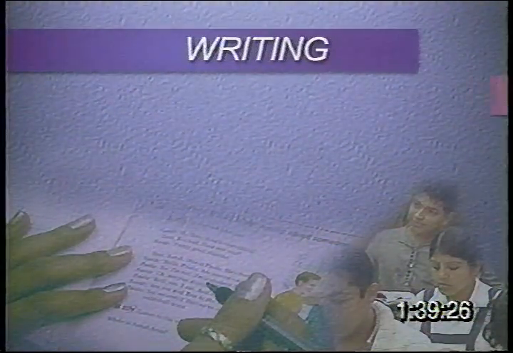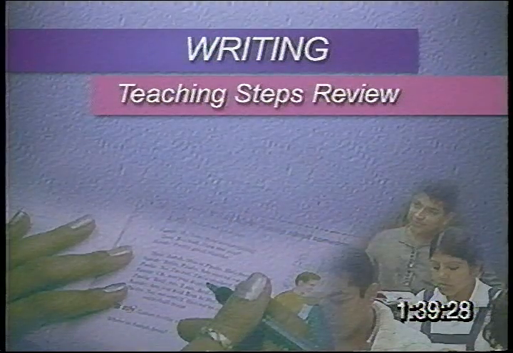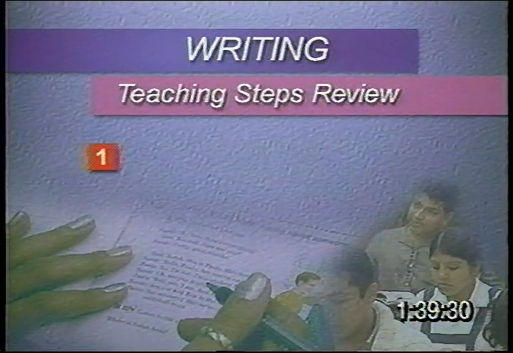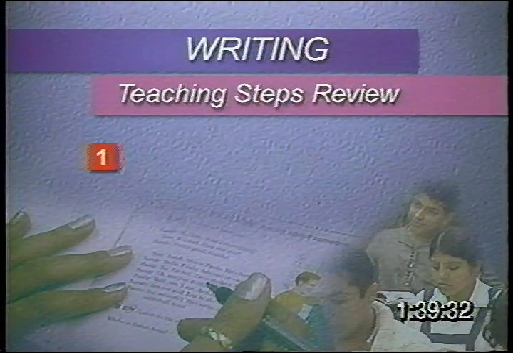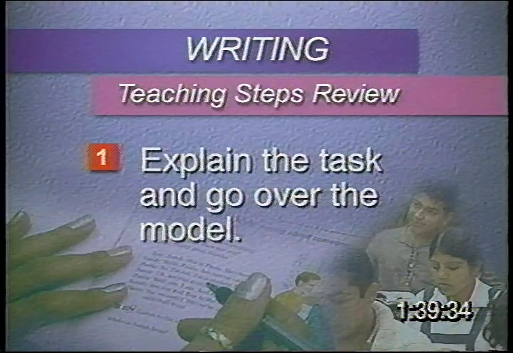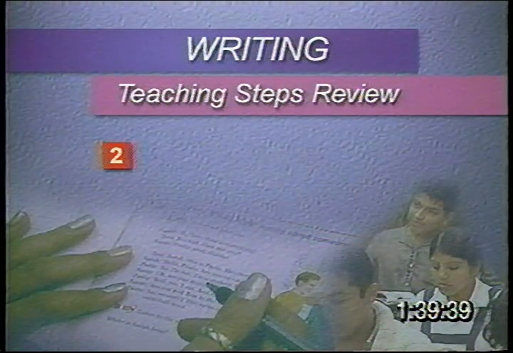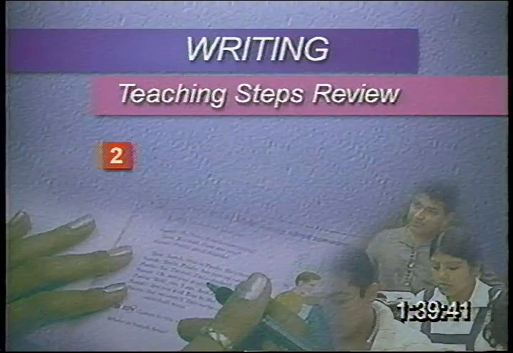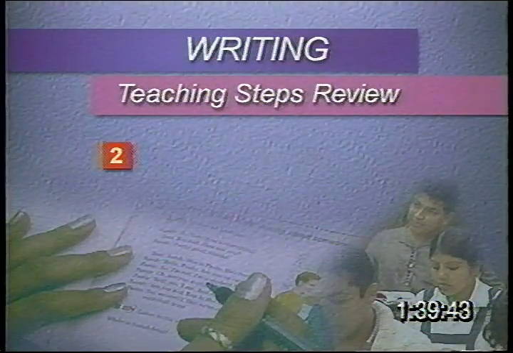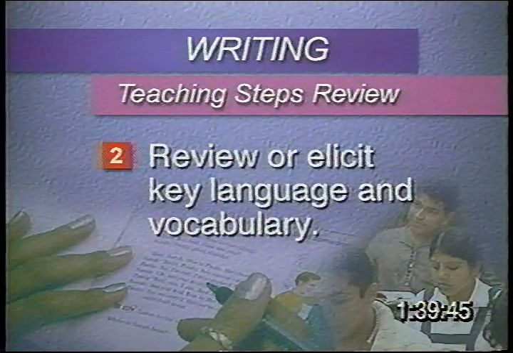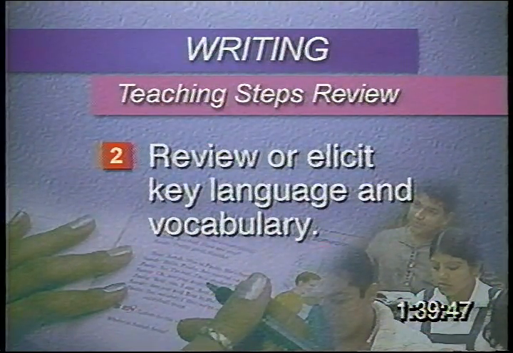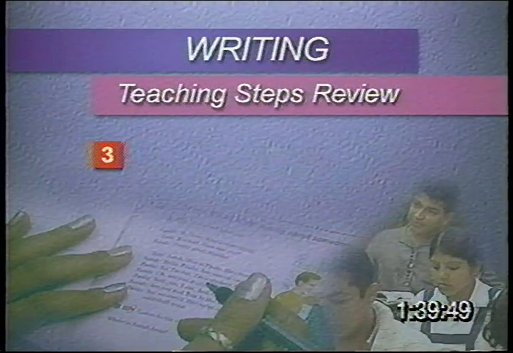Do you remember the 5 general teaching steps for writing? Teaching Step 1. Explain the task and go over the model. Teaching Step 2. Review or elicit key language and vocabulary. Teaching Step 3.